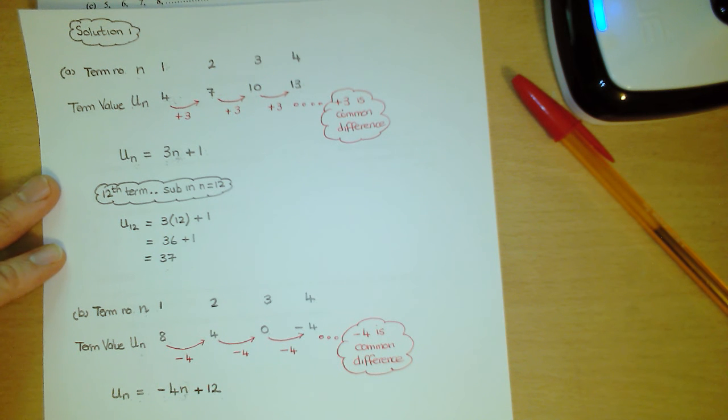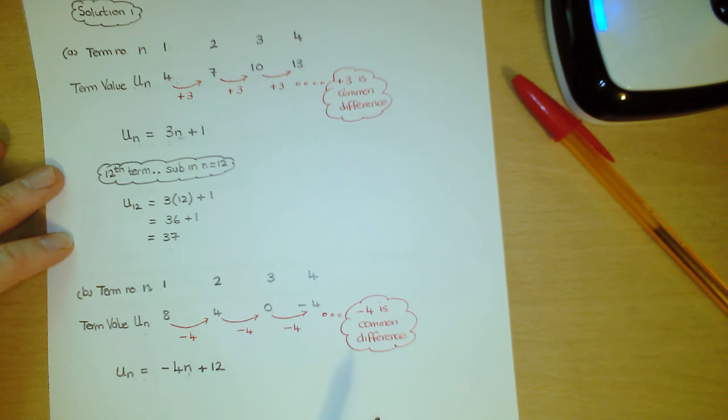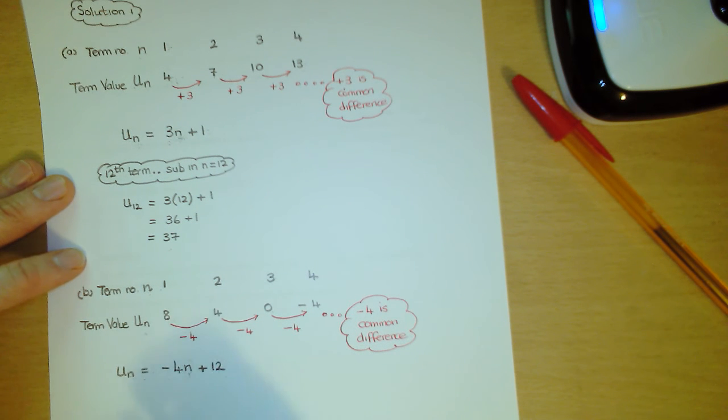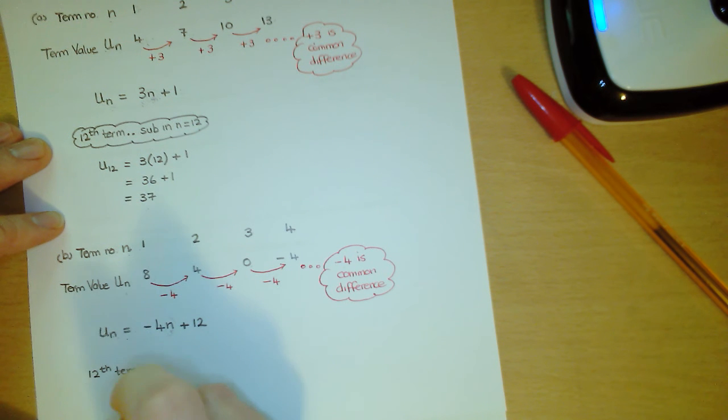Now we're going to use it to work out a particular term value. So again, it wants us now to work out the 12th term. So we're going to sub in n as 12.